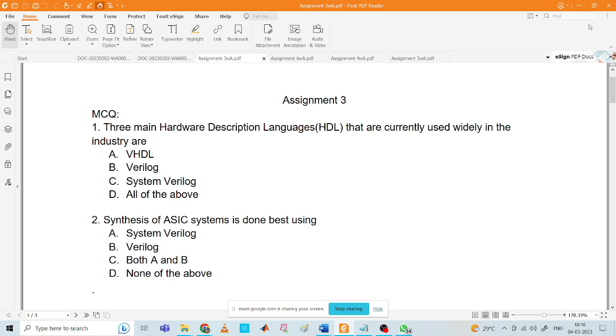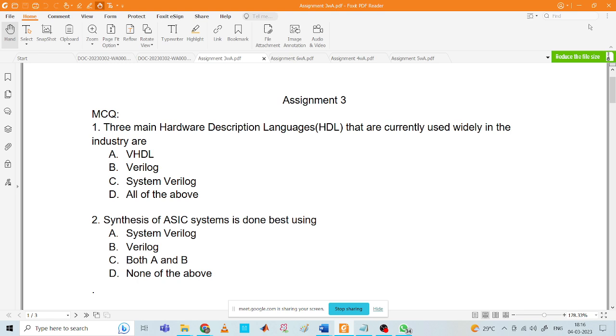Yes, all of the above. Yes, right. So VHDL, Verilog, and System Verilog, all three are used as HDL languages. Of course, nowadays System Verilog is much more popular. Verilog and System Verilog both are very popular right now, more than VHDL.